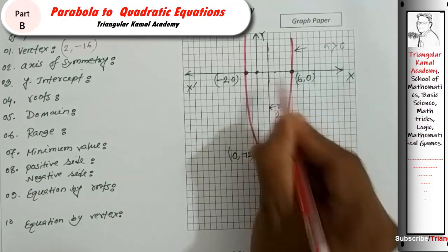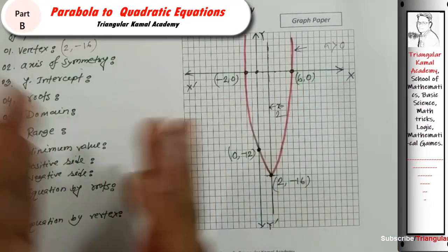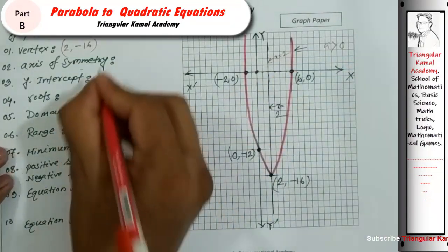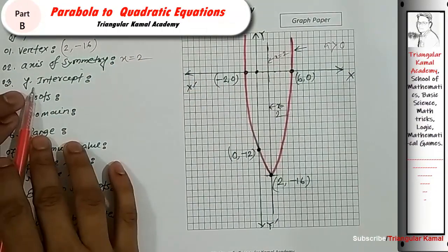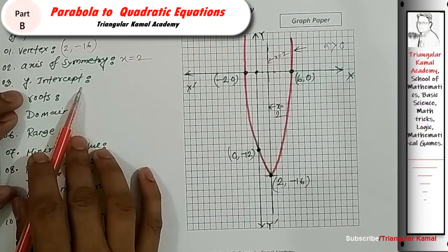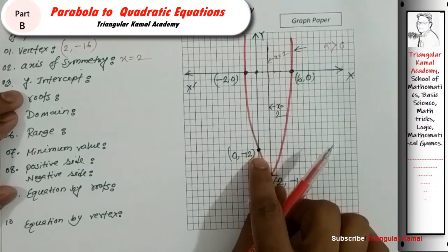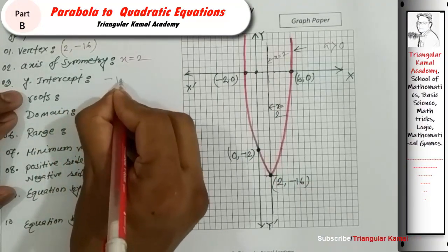At the point of 2 the parabola is bisected into two equal parts, so x equals 2 is the equation of the line of symmetry. And the y-intercept is the point at which the parabola intersects the y-axis, which is minus 12.